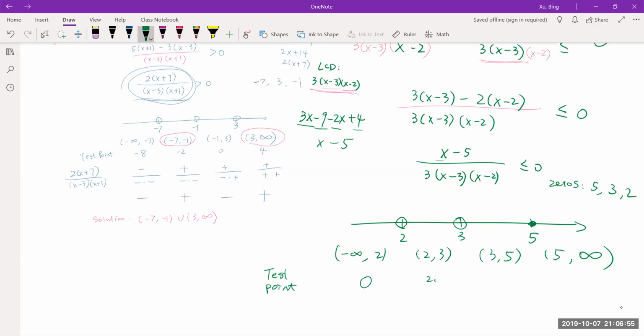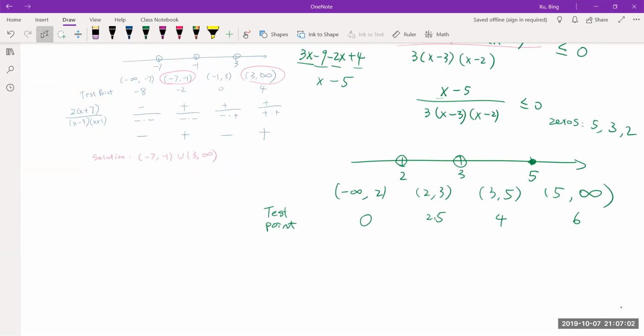Here I'll pick 2.5. Here I'll pick 4. I'll pick 6. What do I want to test? I want to test if this expression, x minus 5 over 3 times x minus 3 times x minus 2, is positive or negative under each test point or each interval.